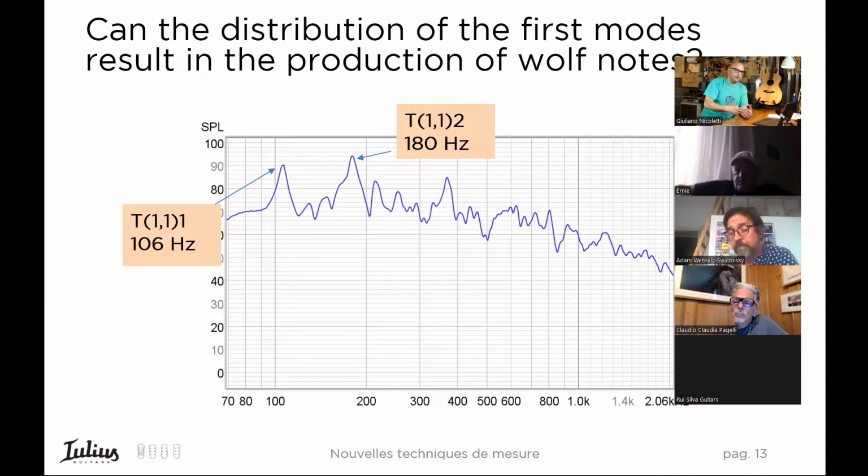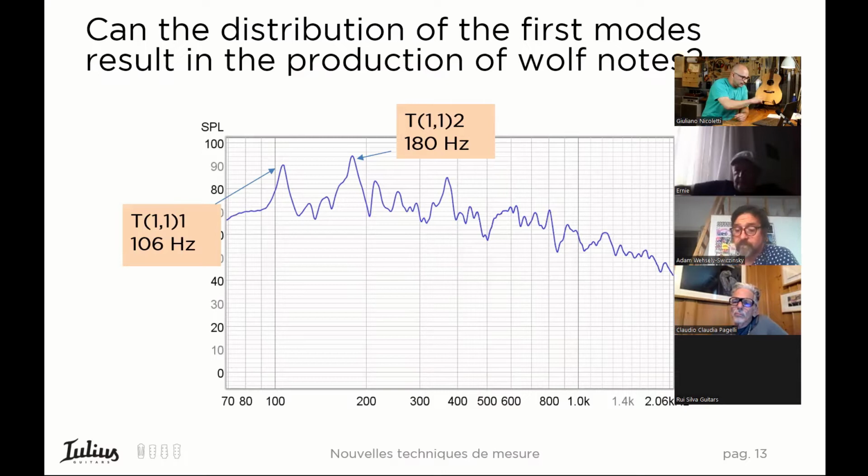When the soundboard is more massive, more heavy, it is less sensitive to the production of Wolf notes. But we hope to build a responsive guitar, and in this case we have to take care, because there might be unpleasant notes on the fretboard.